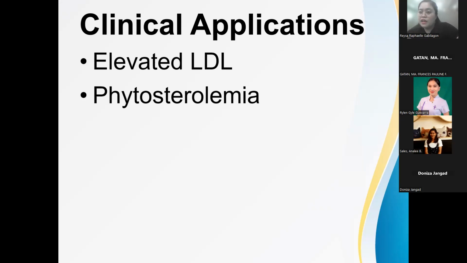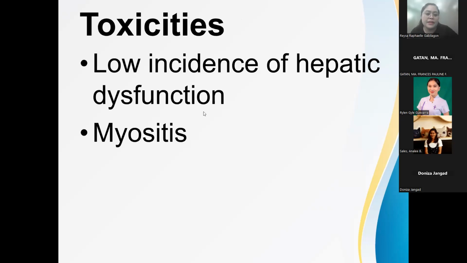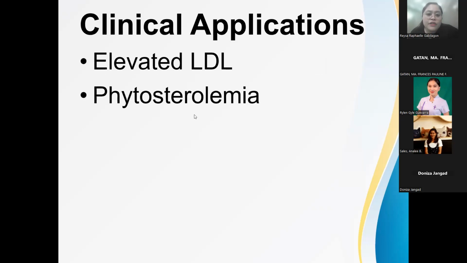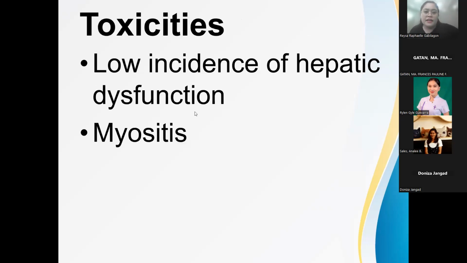Si cholesterol yung sa atin, sa human and sa mga animals. Yung sterol na nasa plant, phytosterol yan. And then it can also accumulate in the body. So ito yung ginagamit natin for phytosterolemia.